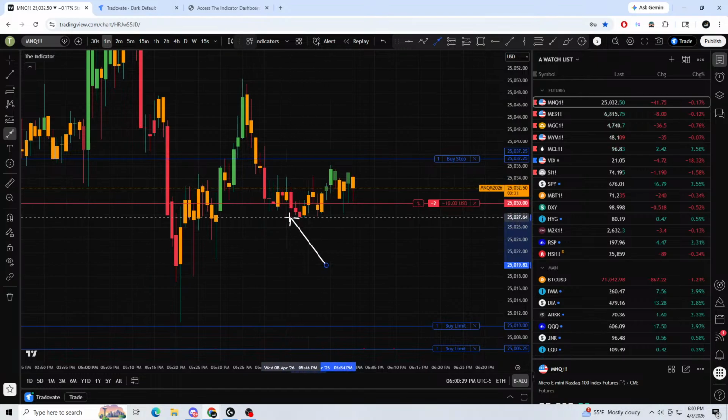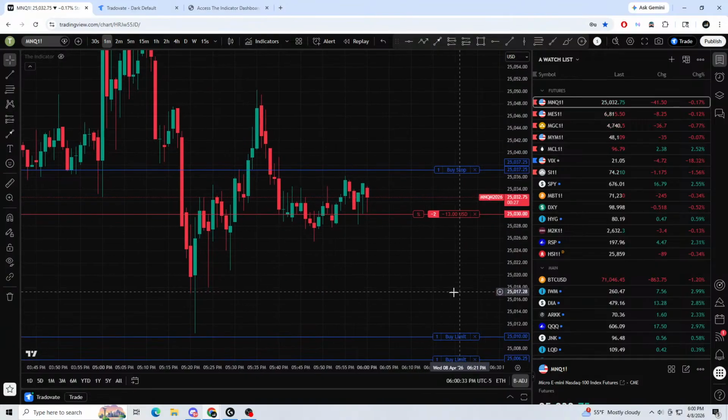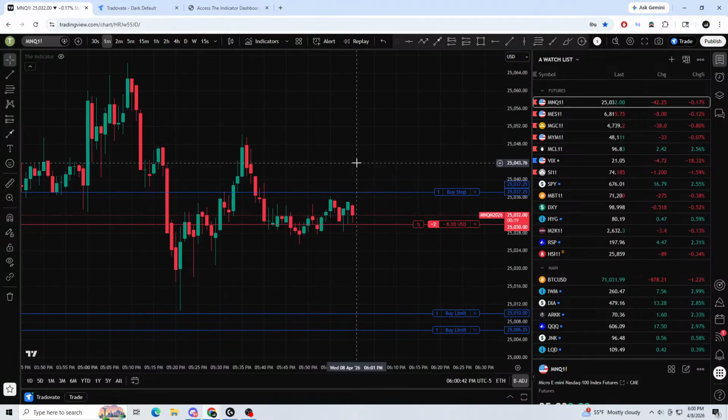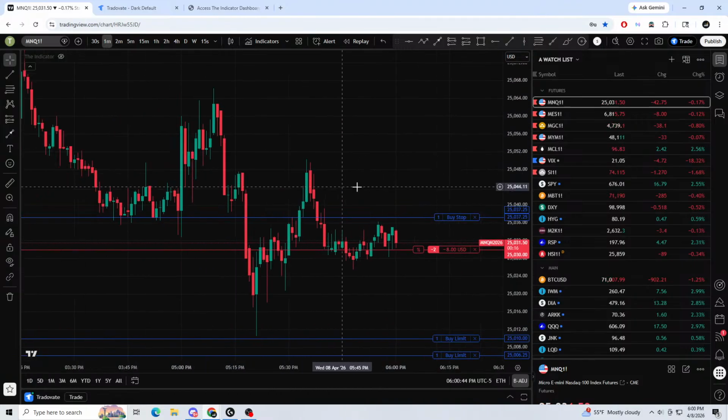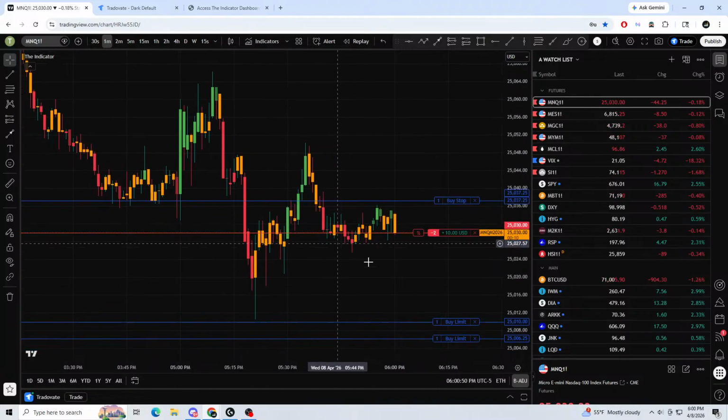Green is bullish, red is bearish. Without the indicator on the screen, this is what you would be seeing. With the indicator, you get to see momentum. Without the indicator, you see price action. They are completely different. I don't even know how you would trade with this anymore. To be honest, I'd trade with momentum.